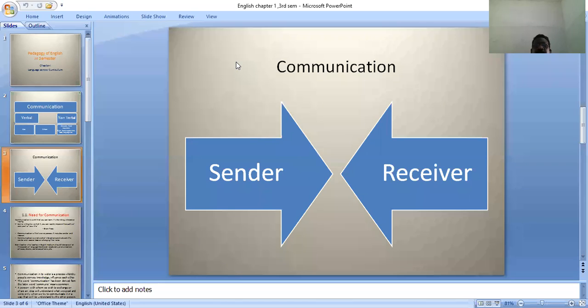So, I am the speaker here, you are the receiver. Speaker encodes, receiver decodes. Understand? So, communication involves two major elements, that is sender and receiver, maybe audience and the speaker in this way.